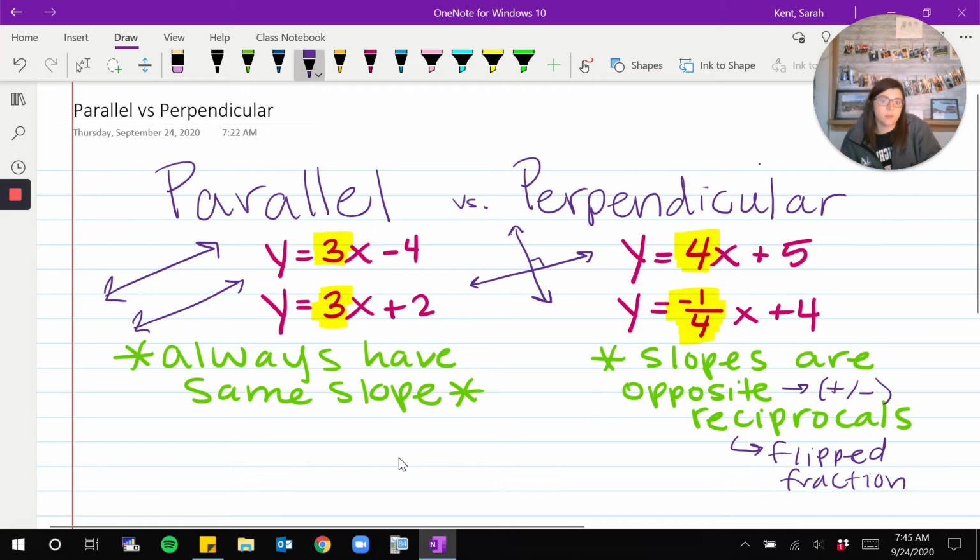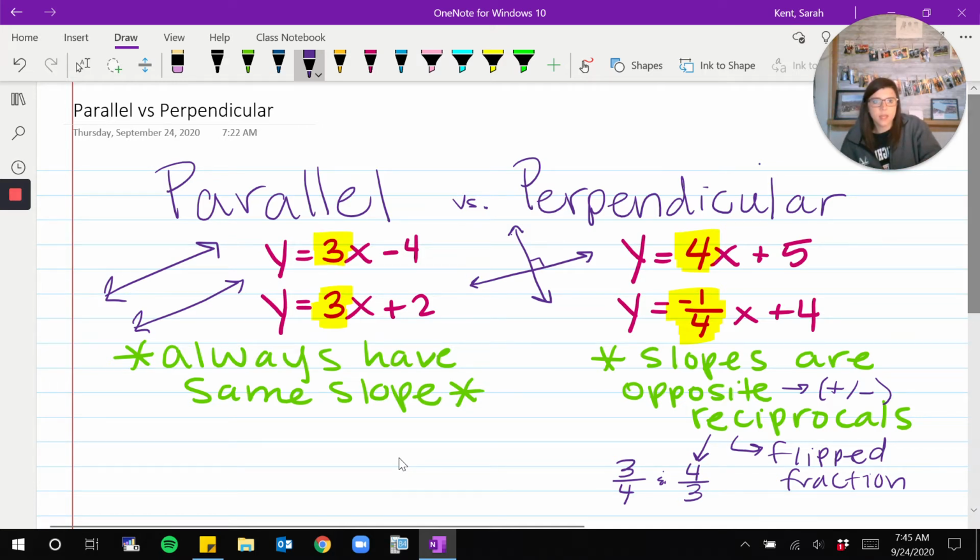Another example of a reciprocal would be 3/4 and 4/3. The top and bottom flip places. So for perpendicular, the slopes are opposite reciprocals. Opposite goes positive to negative, or negative to positive, and the reciprocal is the flipped fraction. We'll look at another example if you're still a little confused.